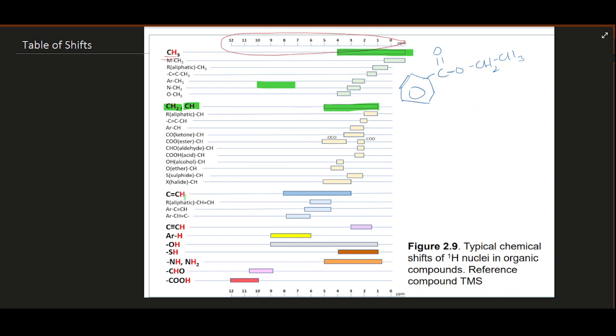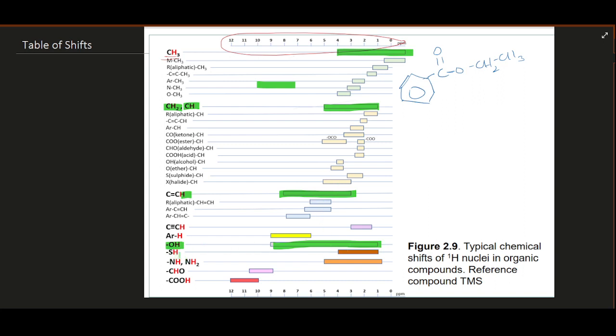The one which is attached to the double bond carbon will give us a value from 4 to 9, and the one which is present in the alcohol will have a large range. For the one that has a large range, it is difficult to identify which group it is related to, because there are many that come in the same range.